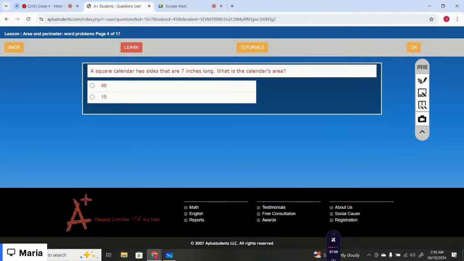Very good. A square calendar has sides that are 7 inches long. What is the calendar's area? Which is the correct option?